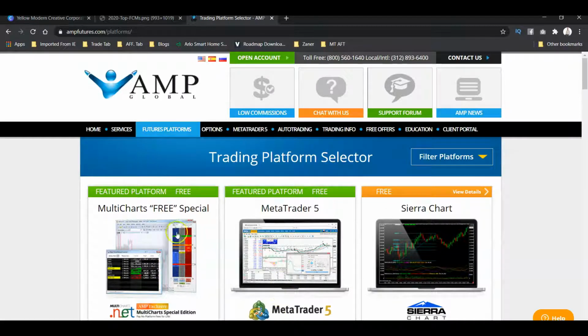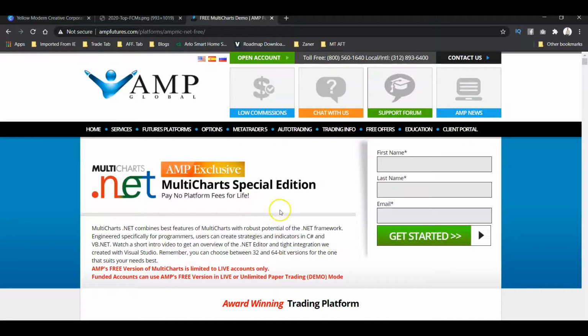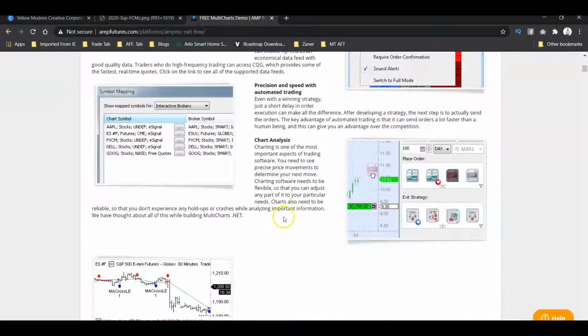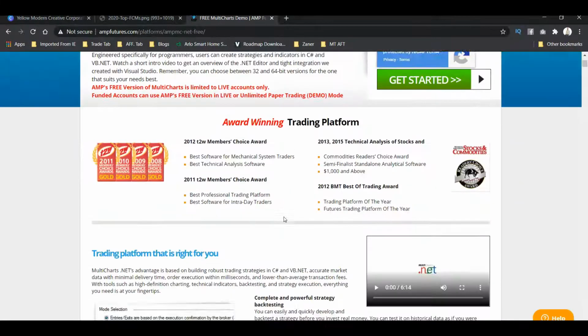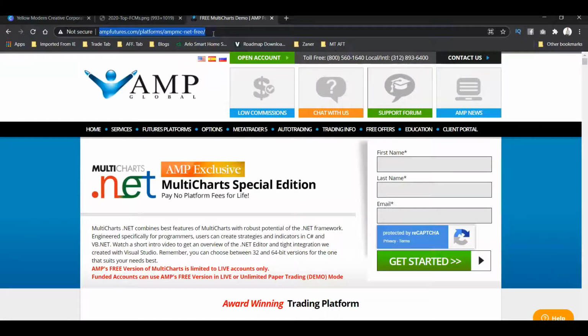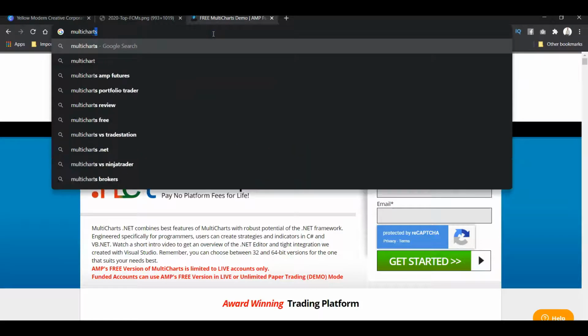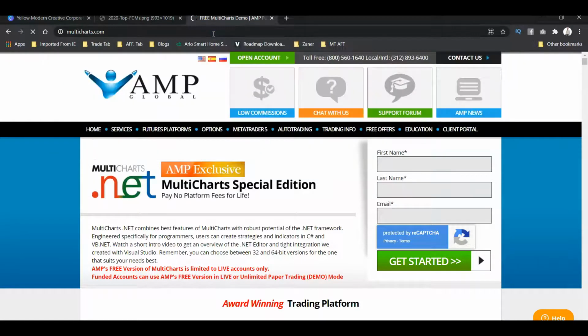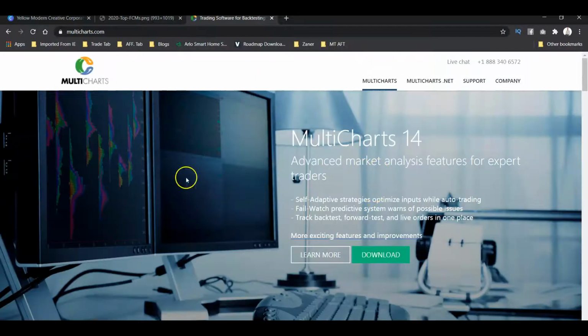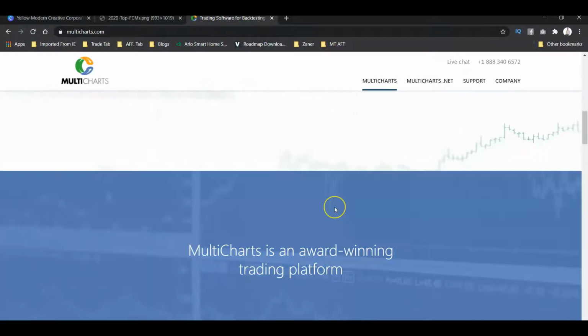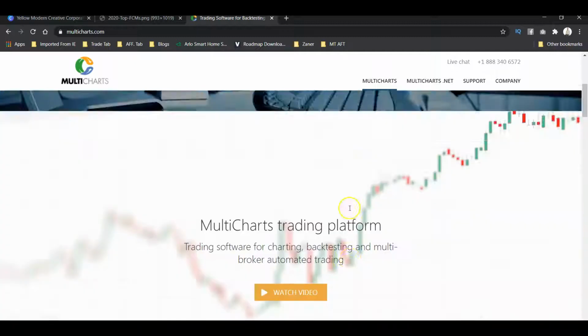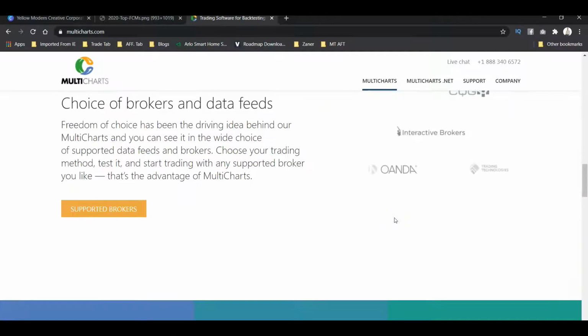Right. I wanted to mention MultiCharts. MultiCharts has a free version, and one you have to buy. From what I heard, this gentleman used to work at TradeStation, so the coding on the back end is an easy language as well. And this is the sister company of TradingView.com. They have the kind of charting where you can integrate different platforms, different brokers.